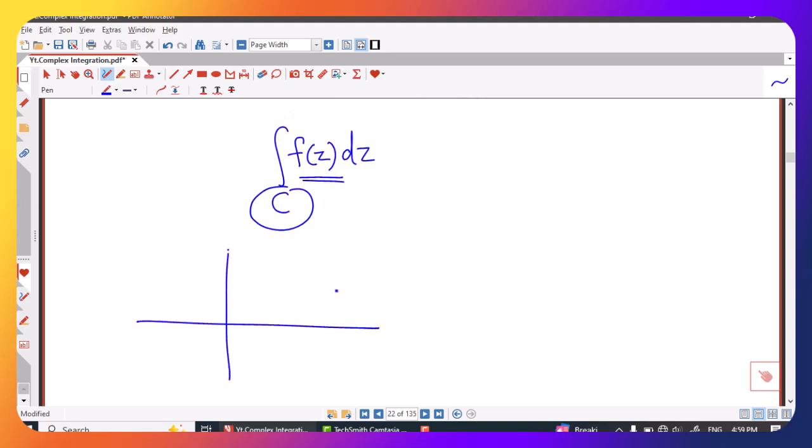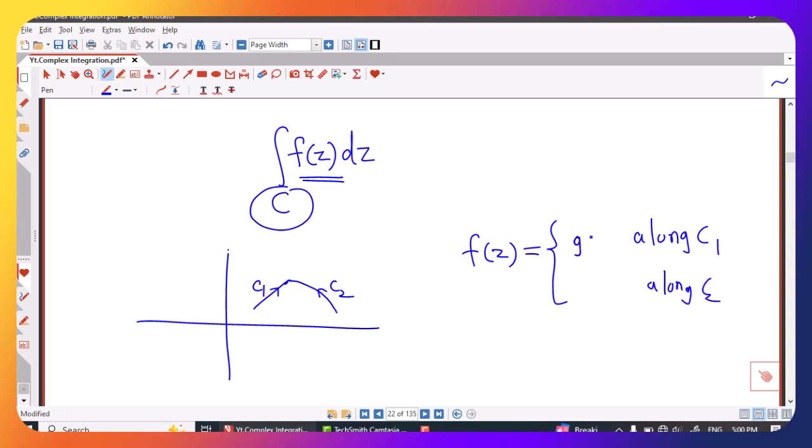For example, suppose we have this type of contour, and suppose this part of the contour is C1 and this part of the contour is C2, and our function f of z has different values along C1 and along C2. Suppose the value of f of z is given by g of z along C1, and f of z is given by h of z along C2.